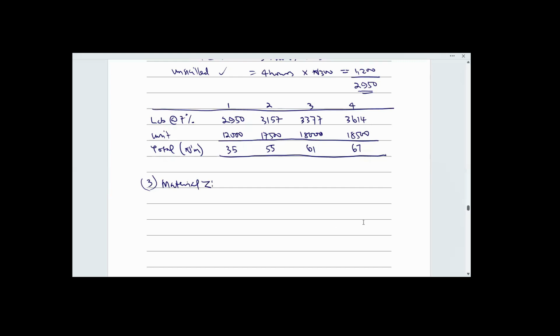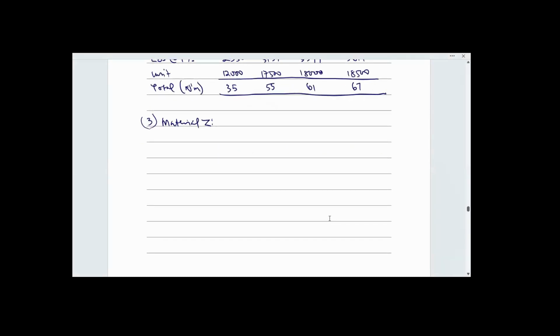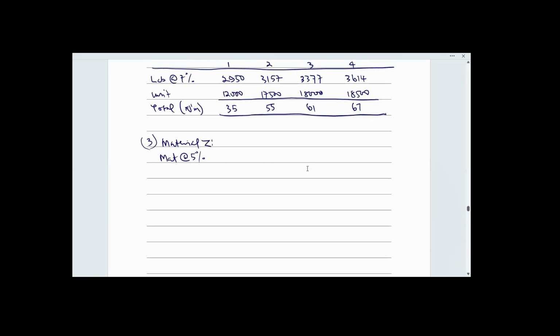Now, let's go back to the question. Under material Z, you are told that 6 kilos of material Z at 146 naira per kilo. Therefore, I would then say material at 5%, because all other variables are 5% except labor cost. Only labor is 7% inflation.